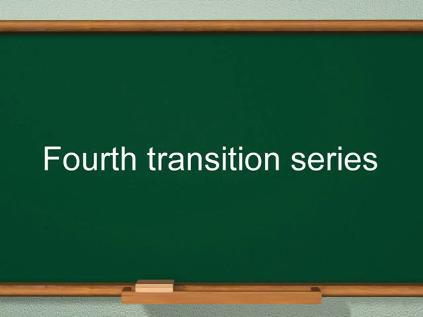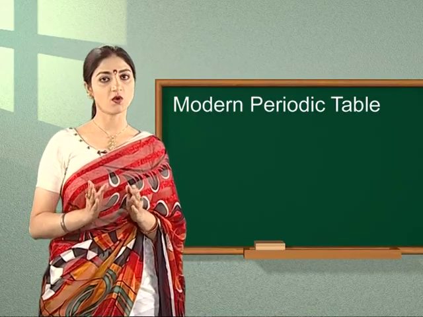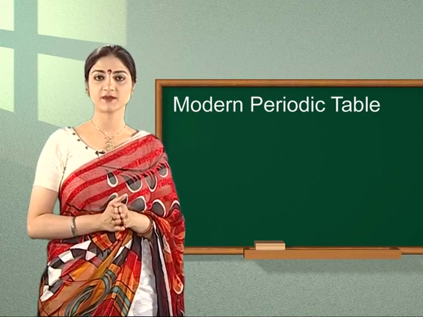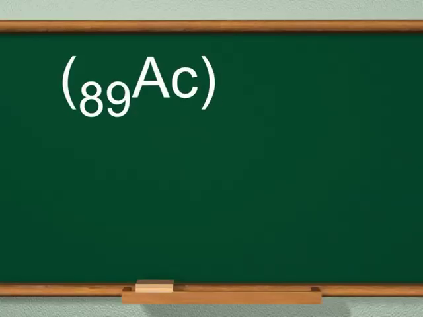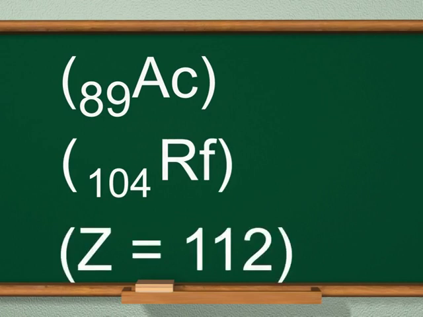The fourth transition series, which forms a part of the 7th period, also contains 10 elements, that is actinium and elements from rutherfordium to eka-mercury or ununbium. In all these elements, 6d orbitals are being successively filled in.